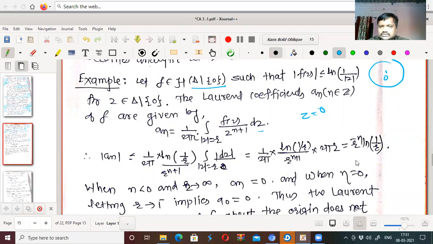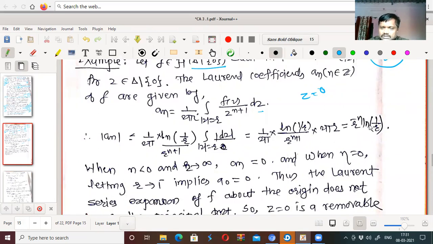One r cancels with r, we get r raised to minus n, and 2 pi cancels with 2 pi, so log of 1 upon r times r raised to minus n, or this can be written as log of 1 upon r upon r raised to n, whatever it may be. Or it is minus log r also.